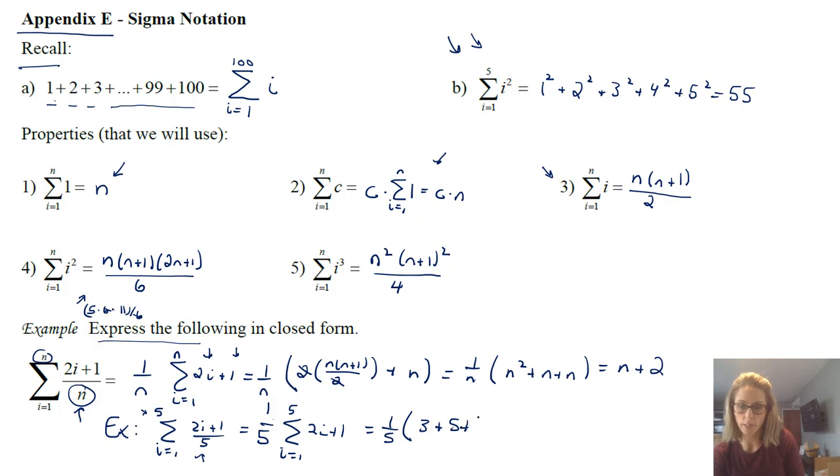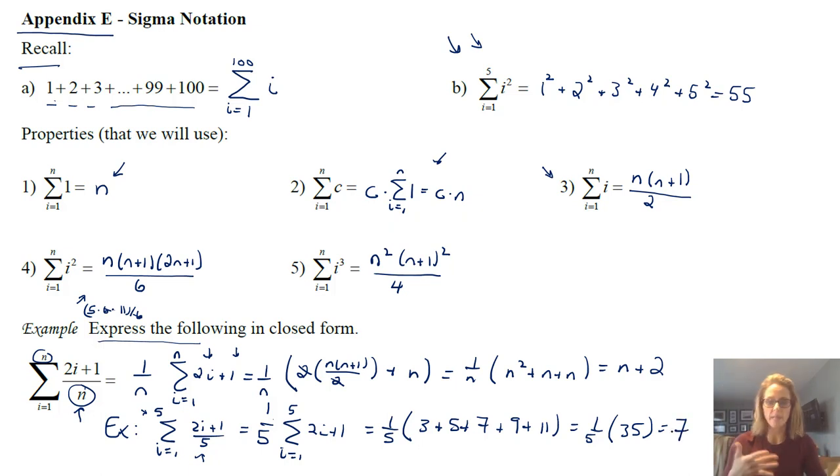If I put in i equals 3, I get 7. i equals 4 gives me 9, and i equals 5 gives me 11. And that's going to be 1/5 times, and then I add these values together, so I get 15, I get 24, I get 35, and that answer is 7. So the point is, that's the same as just doing n plus 2. n plus 2 is 5 plus 2, and there we go. So then we have our answer in the same way. Just notice those are equivalent.